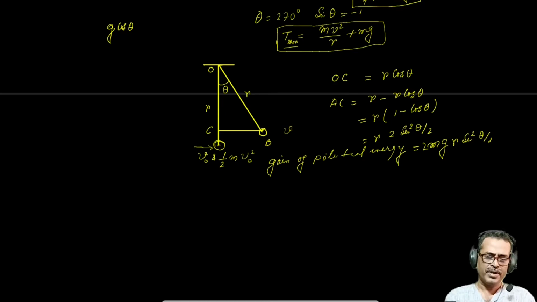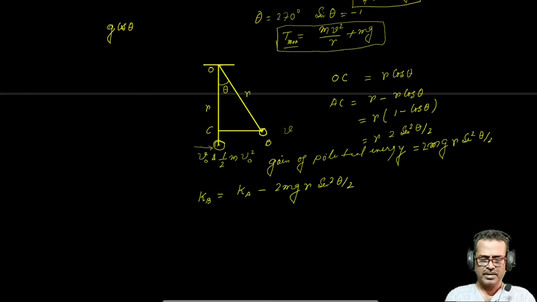Therefore, the kinetic energy at point B, K at B, is equal to K at A minus this, that is 2 mg r sin square theta by 2.